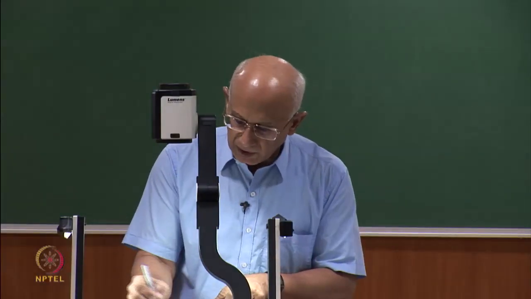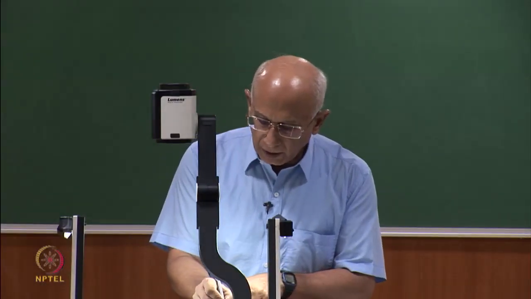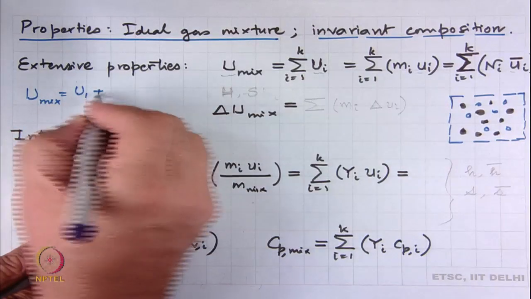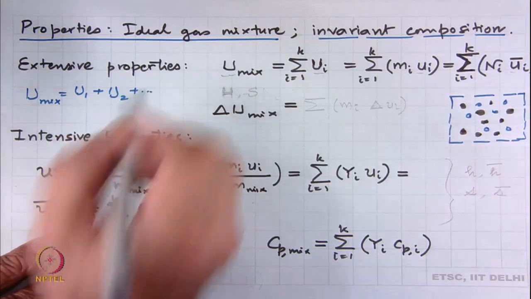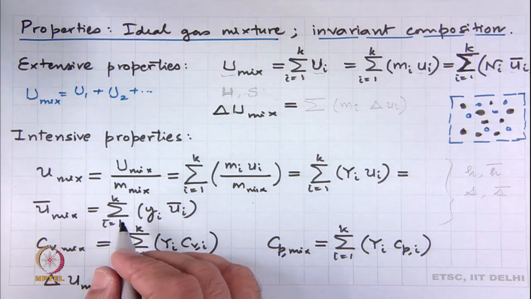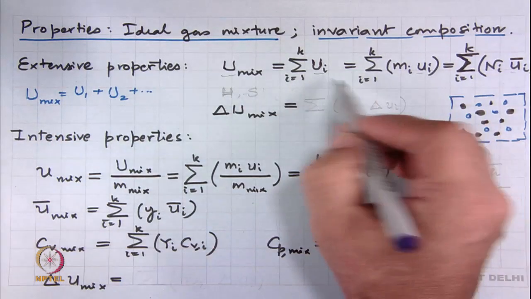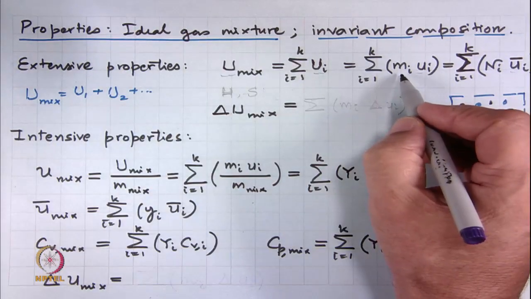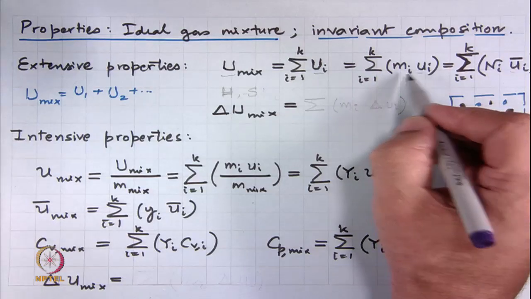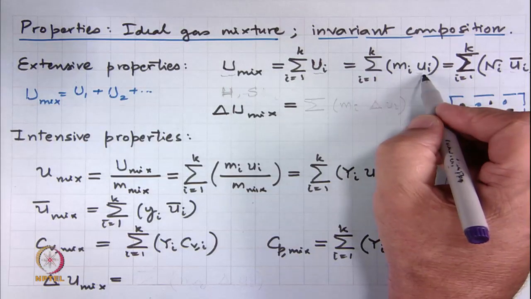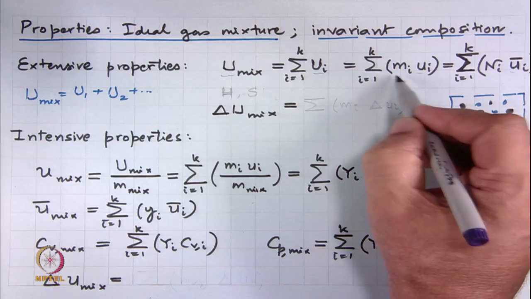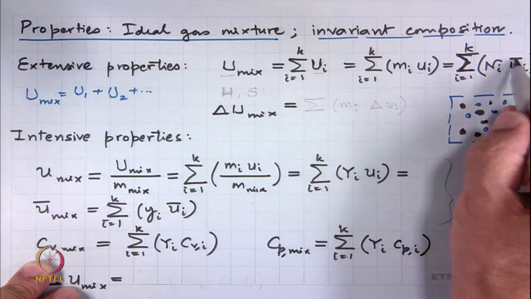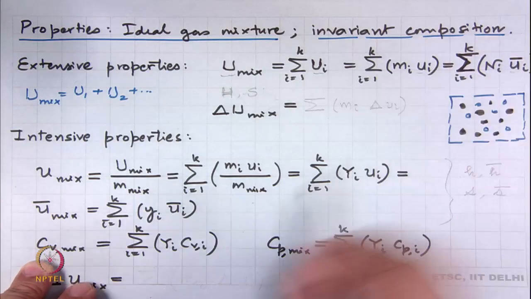So, that means this summation is basically telling you that U mix is equal to U 1 plus U 2 plus like that till k. So, this helps us because U 1 can be written as the mass of that particular component multiplied by its specific internal energy, m_i u_i, or in terms of moles n_i u_i bar. This is a molar specific internal energy.